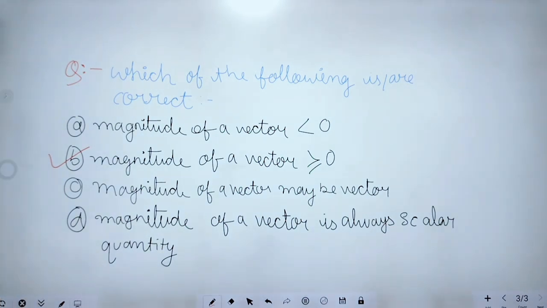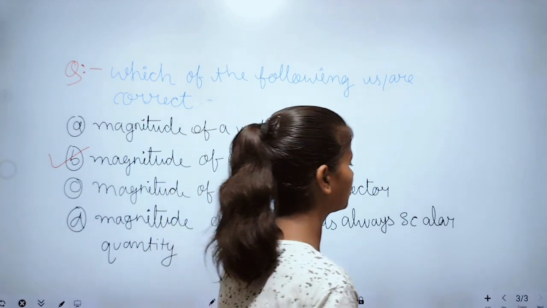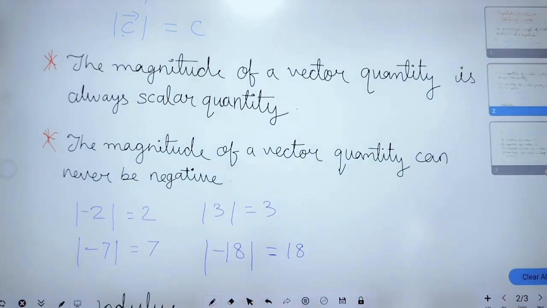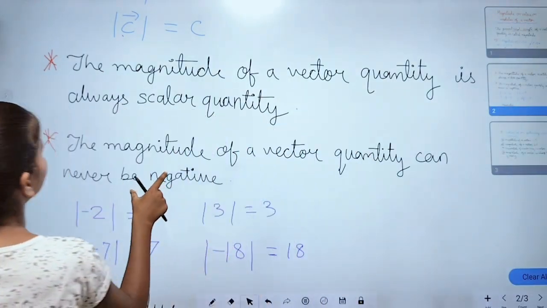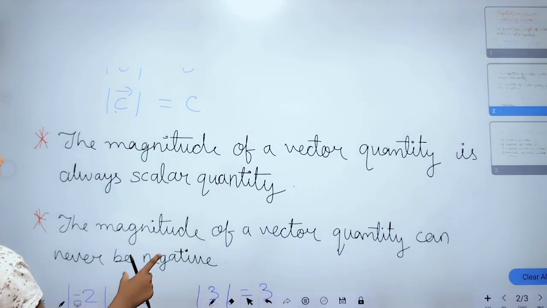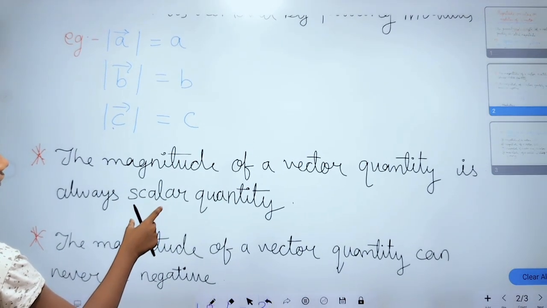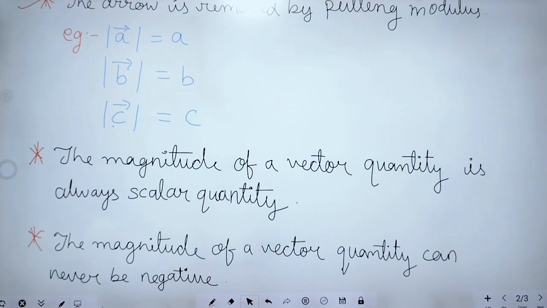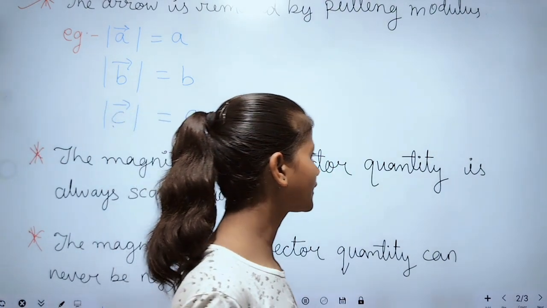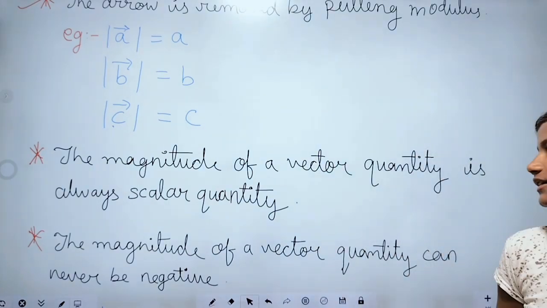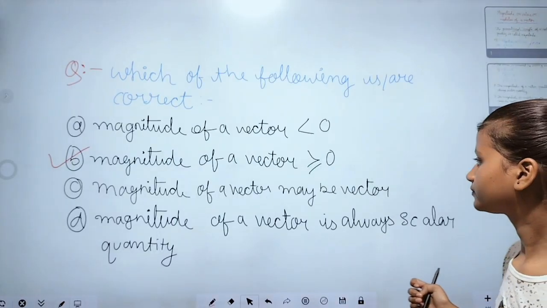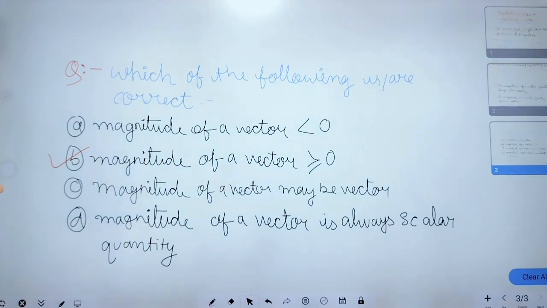Magnitude of a vector quantity may be a vector? No. At this point, the magnitude of a vector quantity is always a scalar quantity. So this one is also a wrong option.